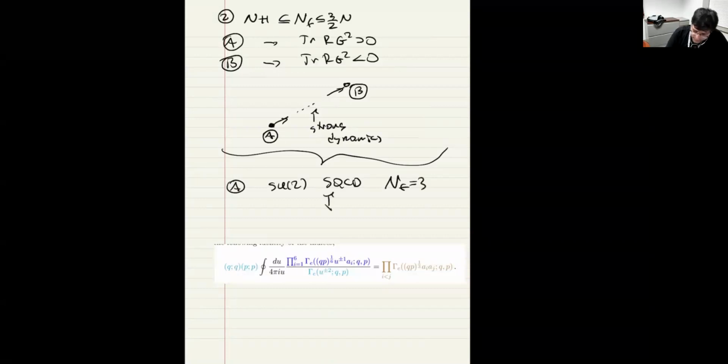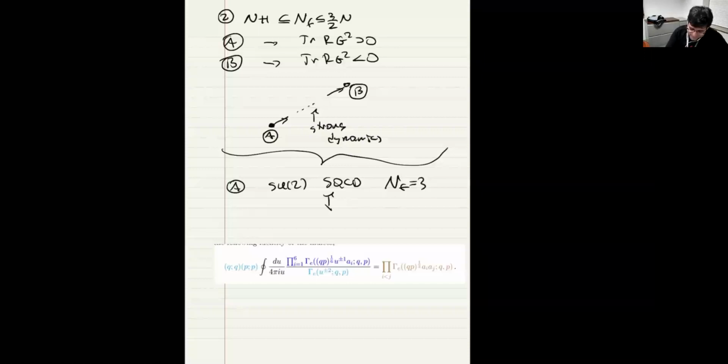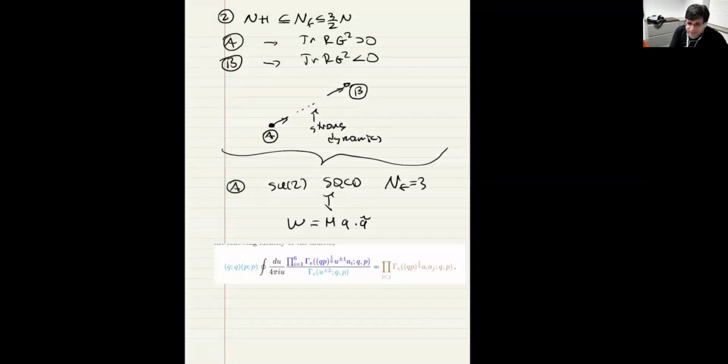Then by this statement of Seiberg duality, it will flow to a simple theory in the infrared. The theory in the infrared will be SU(3 minus 2), which is SU(1). You don't have any gauging, but you will have a certain collection of fields. You will have these fields M that we have introduced, and these quarks, Qs, and Q tildes, which will couple through a certain superpotential. And so you will flow to just a Wess-Zumino model.